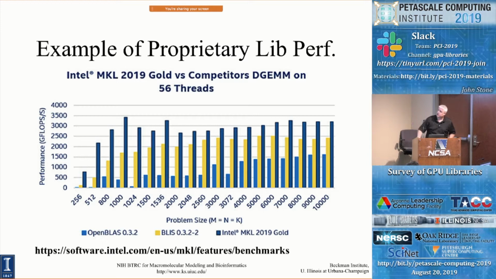So here's a great example, though. I just took this off of one of Intel's current web pages. They're advertising the value of their BLAS implementation that's in the Math Kernel Library that Intel ships, and they're showing it on some state-of-the-art Intel 56-thread chip. And they're comparing their performance with MKL versus OpenBLAS and BLIS.